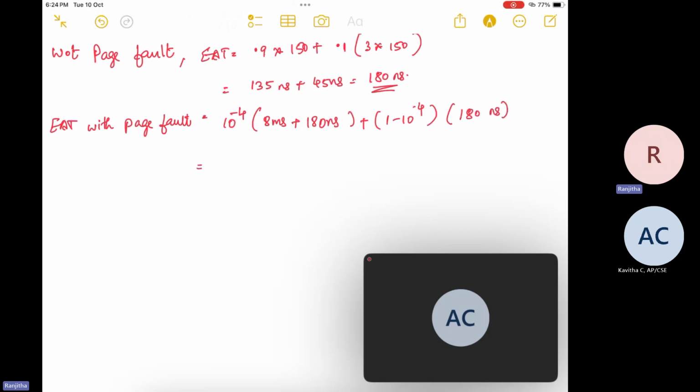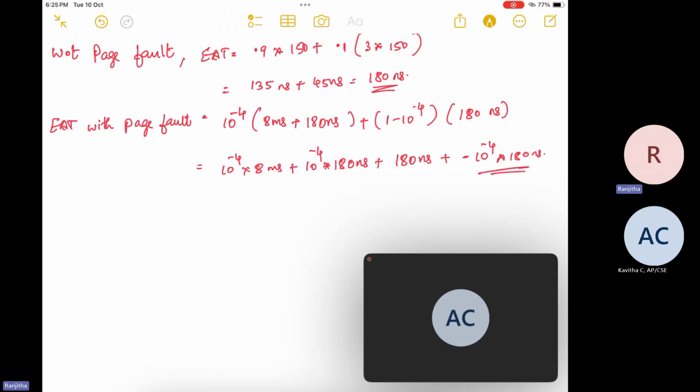This is equal to 10 power minus 4 into 8 millisecond plus 180 nanosecond minus 10 power minus 4 into 180 nanoseconds.